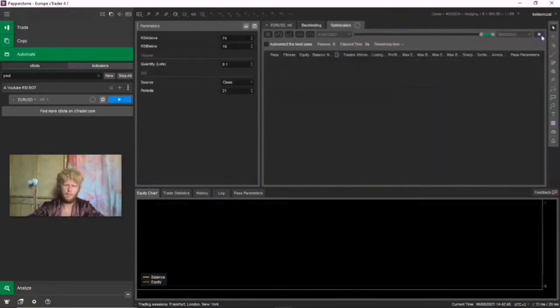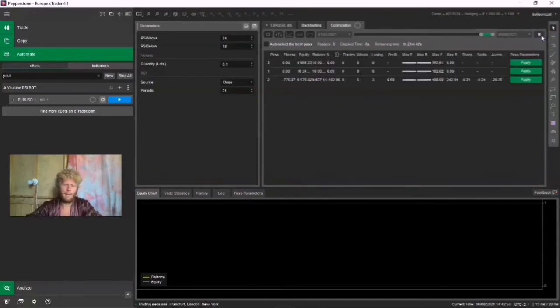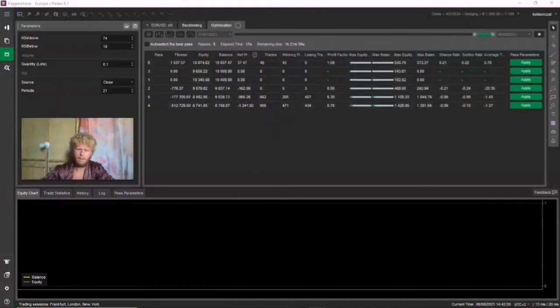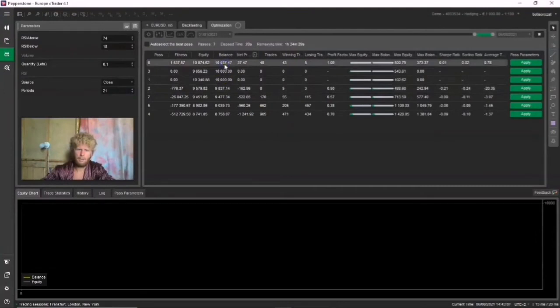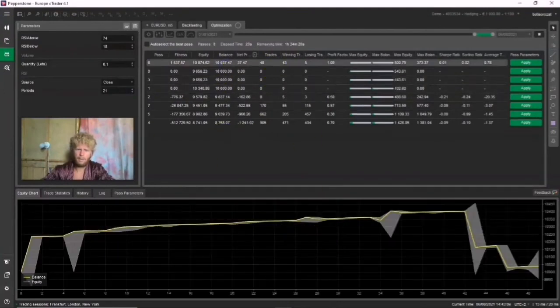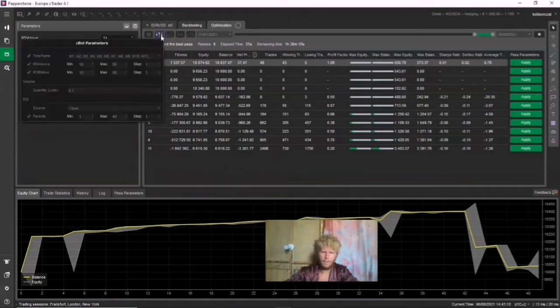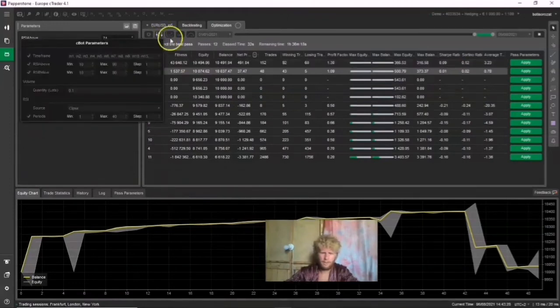So what I did now is I gave this strategy to the system to find some parameters, and I'm really curious if it can actually find something valuable. I will explain what I did further while it is doing its work.